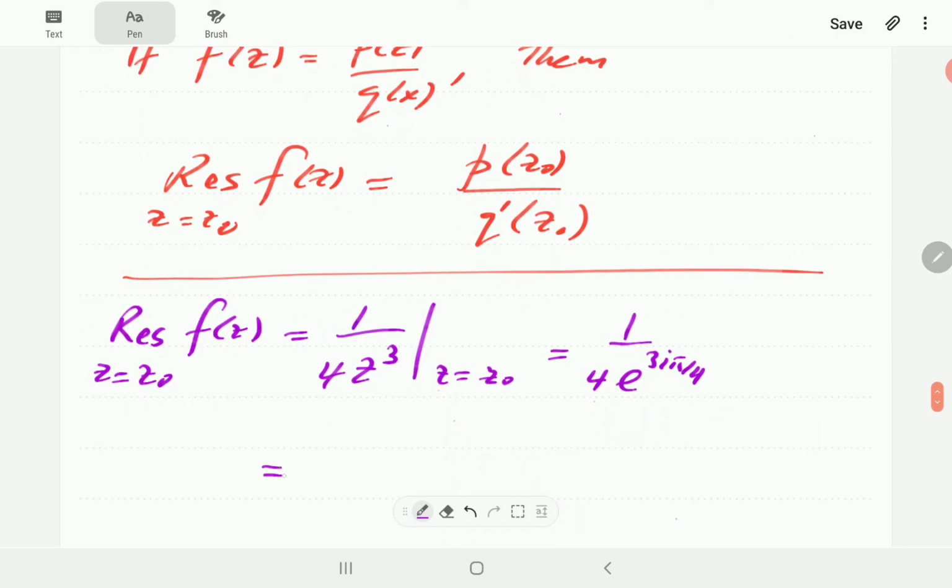This we can rewrite as 1 over 4 e to the minus 3I pi over 4.